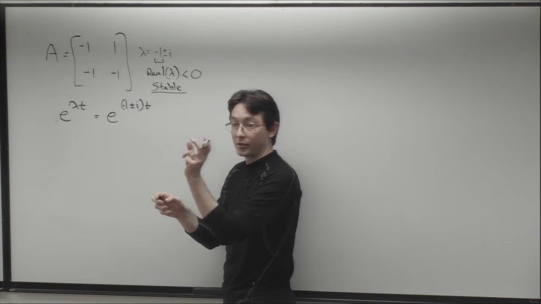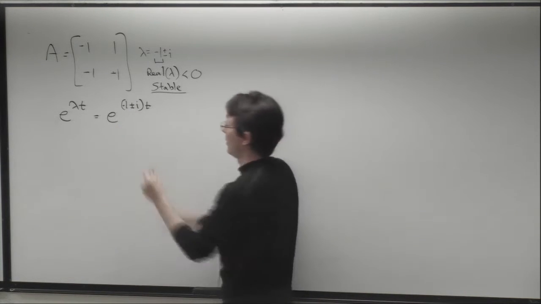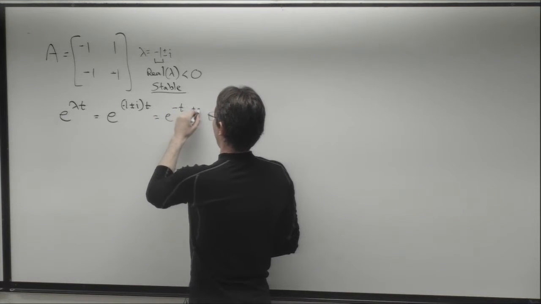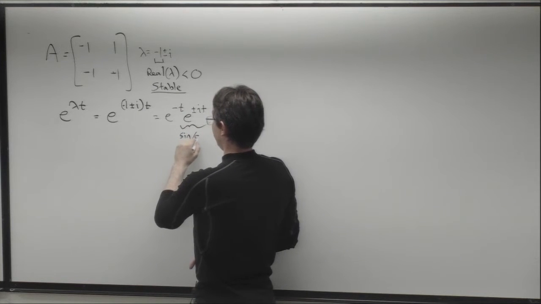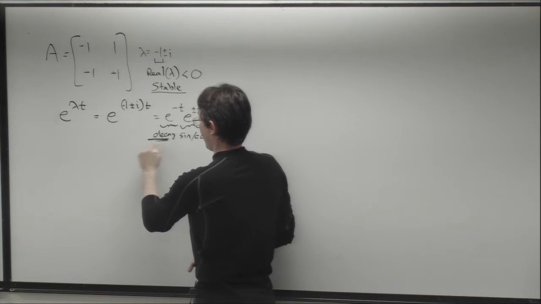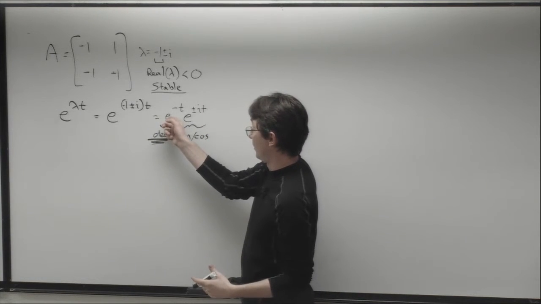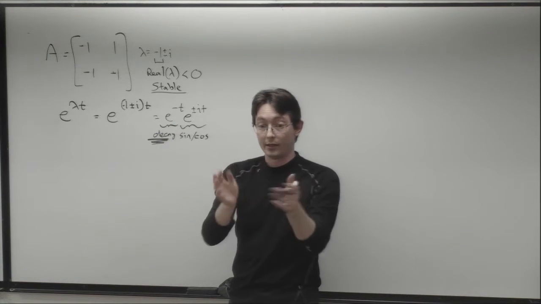And remember, if I multiply two exponentials, the exponents sum. So this is e to the minus t times e to the plus or minus it. Okay, this is just sines and cosines, and this is a pure decay. So I have a magnitude of my solution decaying, and the solution's oscillating while it decays.